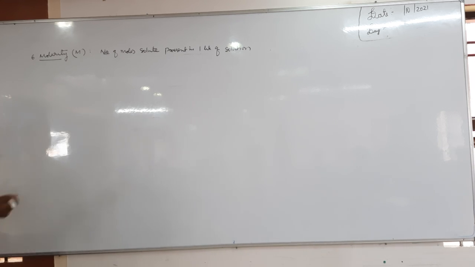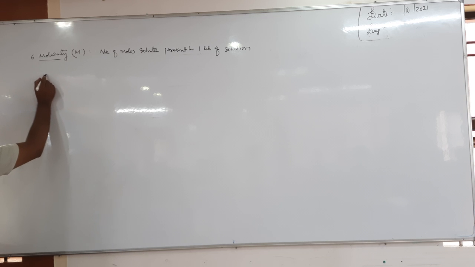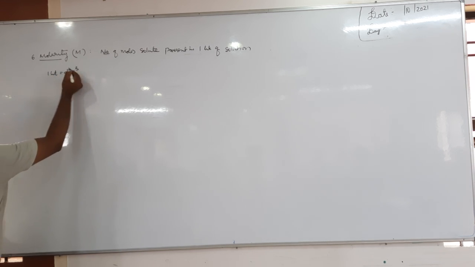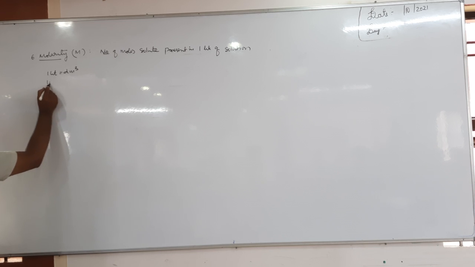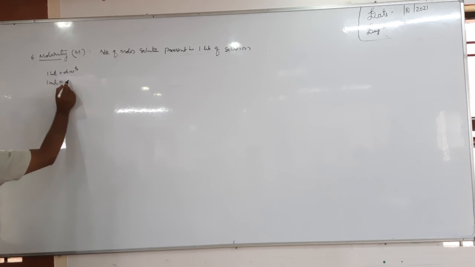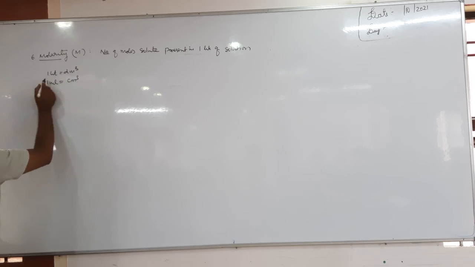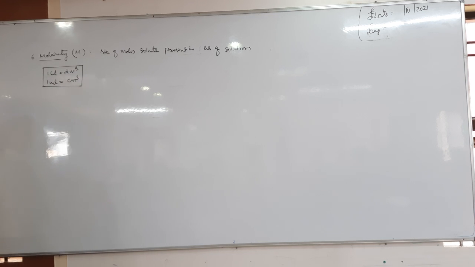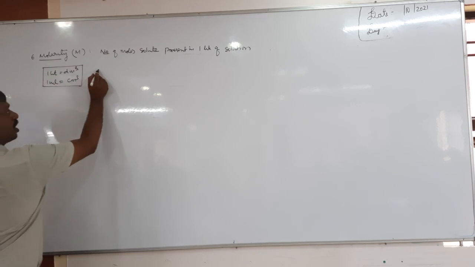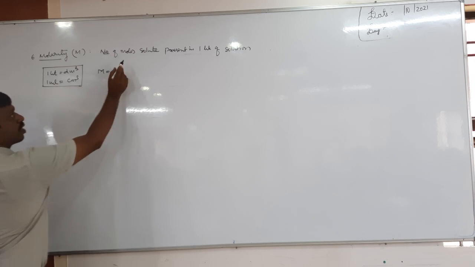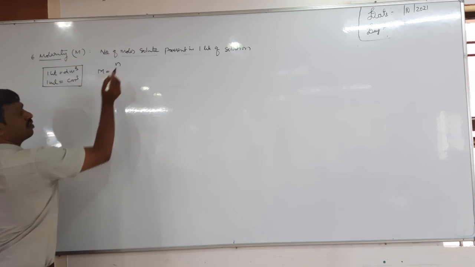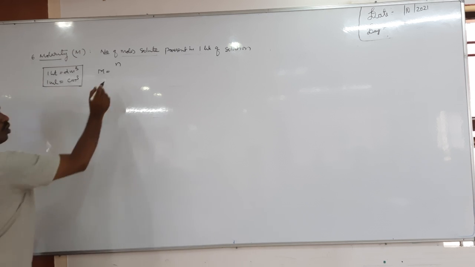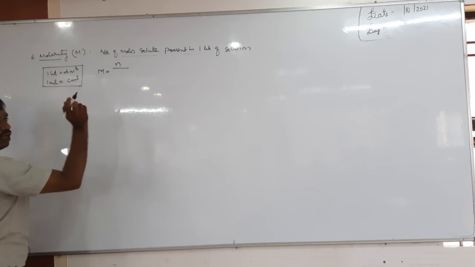We know that 1 liter is always equal to 1 decimeter cube and 1 milliliter is always equal to 1 centimeter cube. So now from the statement, we can write molarity, capital M, equal to number of moles of solute, N, dissolved in 1 liter.